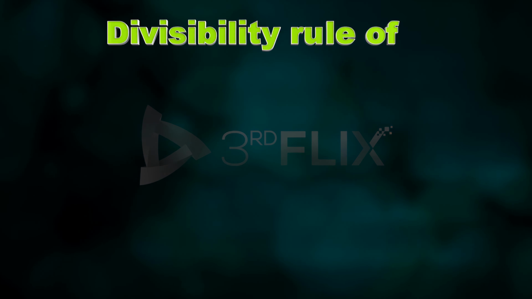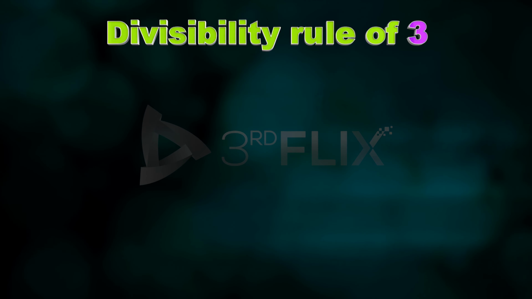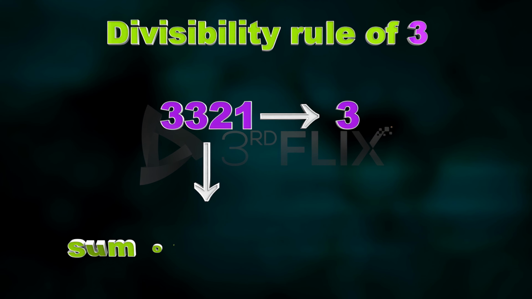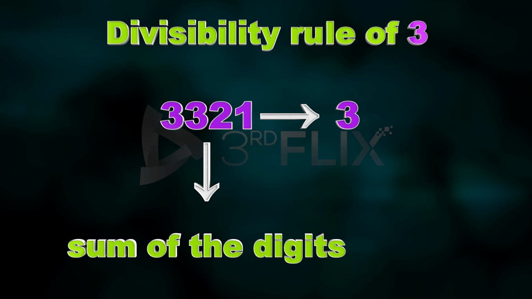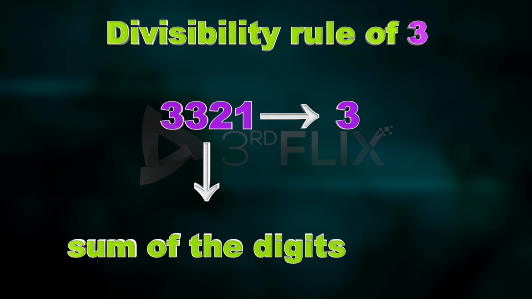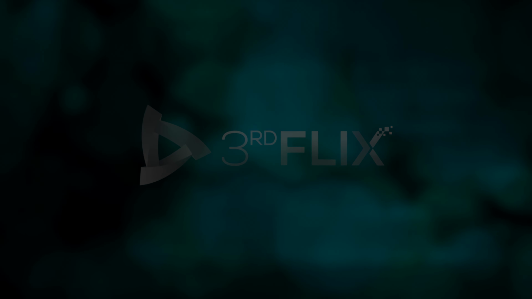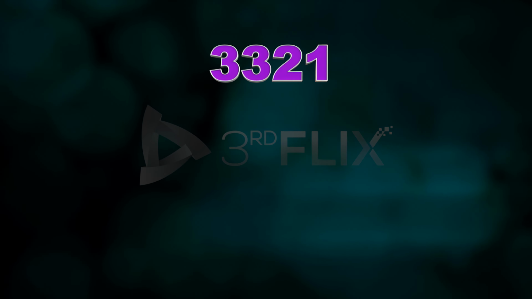Divisibility Rule of 3. A number is divisible by 3 if the sum of the digits of that number is divisible by 3. Example, 3321.